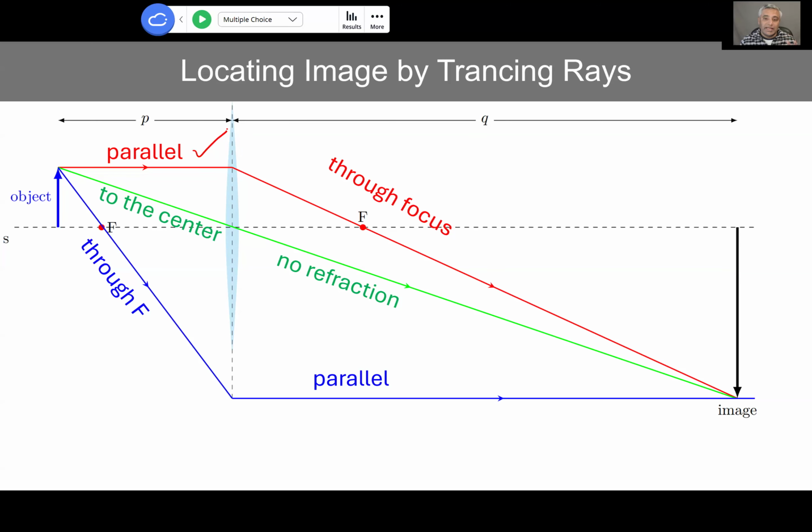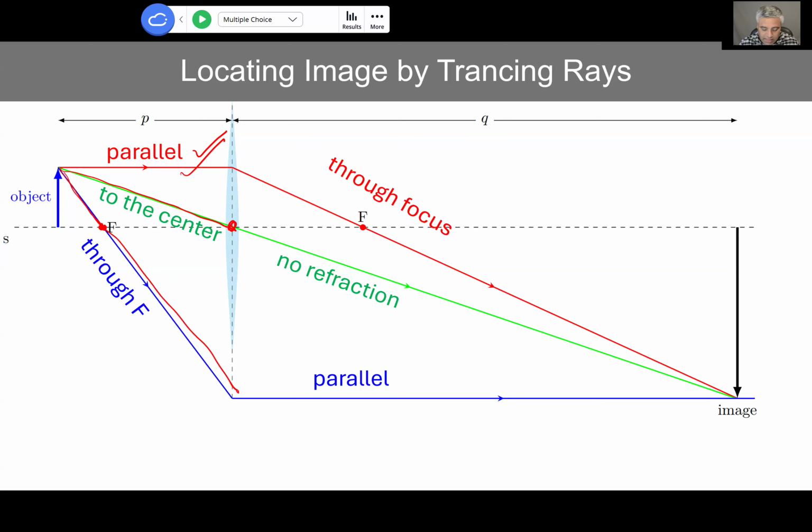Which three rays do we always use for drawing the ray diagram to look at the image? One, the ray that is parallel, another one going to the center of the lens, another one that passes through the focal point.